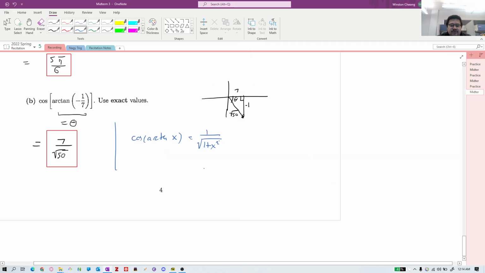Good, I got it down correctly. So now if I use that formula, what that's going to say is that when I plug minus 7 into that, it's arctan, 1 over root 1 plus, well, negative 1 over 7, you kind of know that the negative is going to get squared away.